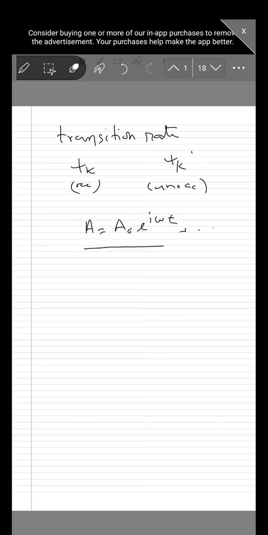The rate of transition accompanied by the absorption of a photon of frequency omega from the radiation field is what we are finding out.